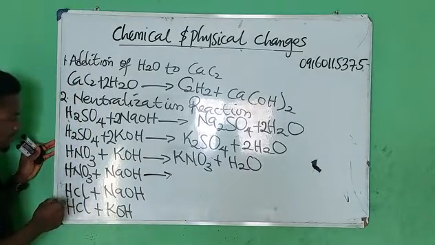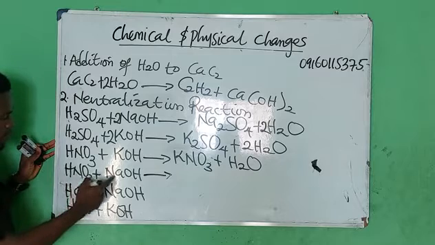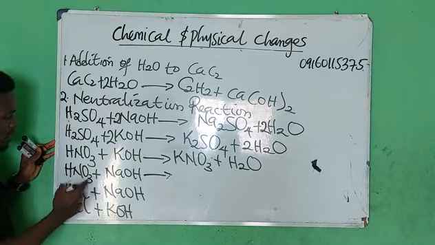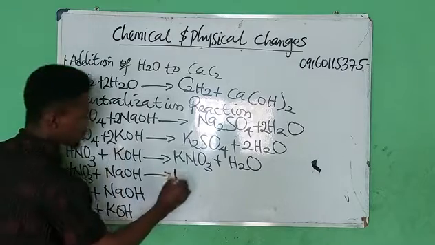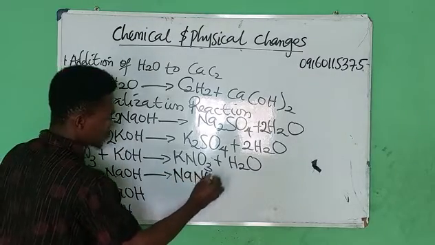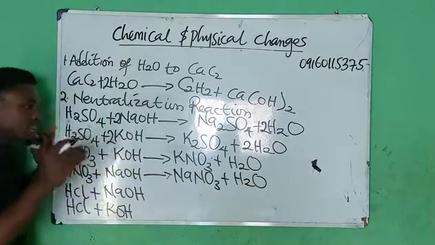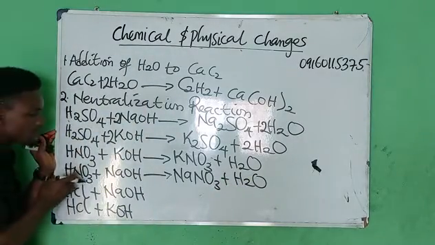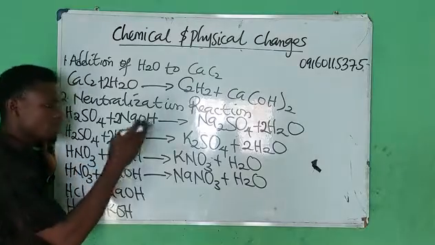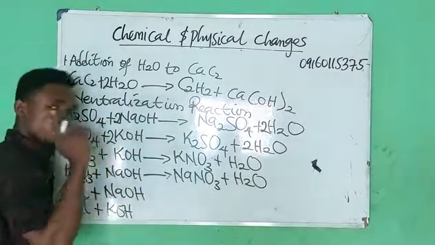So what do I have here? I'll have sodium nitrate, NaNO3, plus water. It is a reaction between an acid and a base to produce salt and water only.